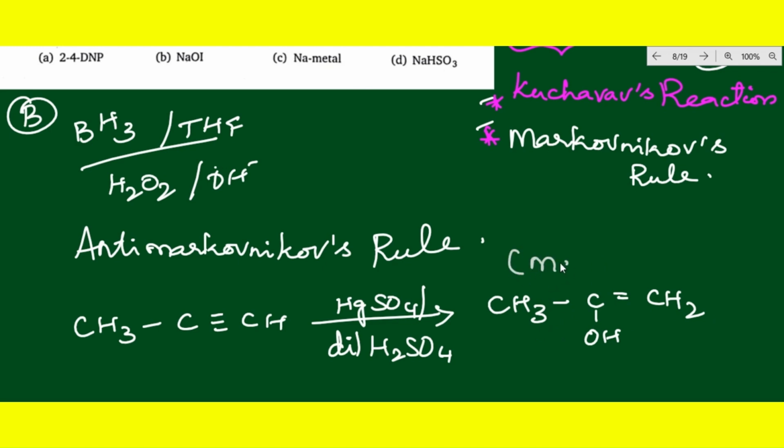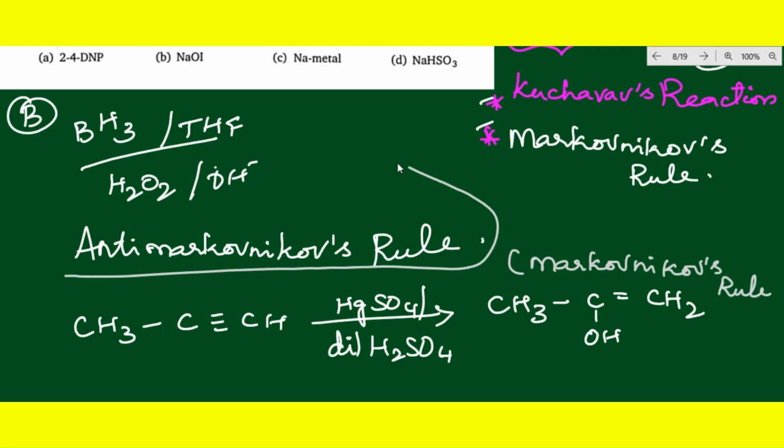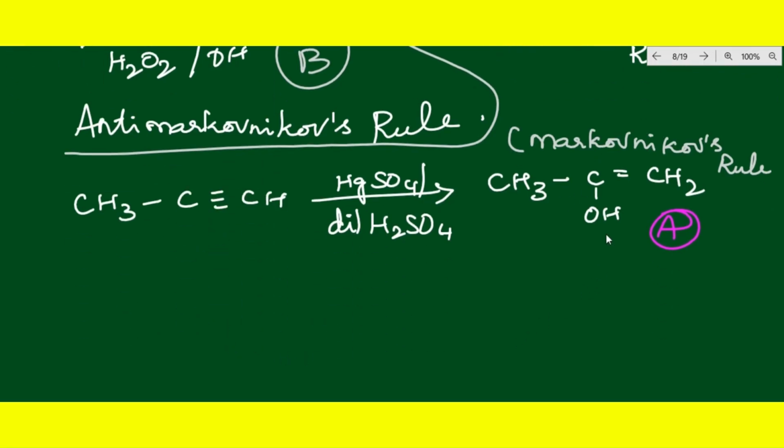This one, product B, is anti-Markovnikov's rule, and we are talking about product A. So CH3, C(OH), double bond CH2. You know with Markovnikov's rule you get a secondary alcohol, but here it is an alkyne, so you get it in that way. But it will not remain.